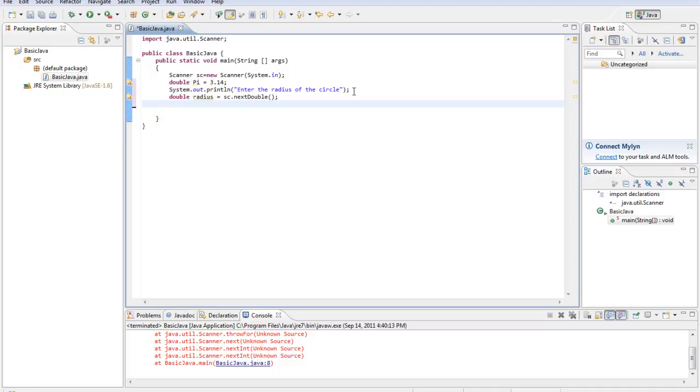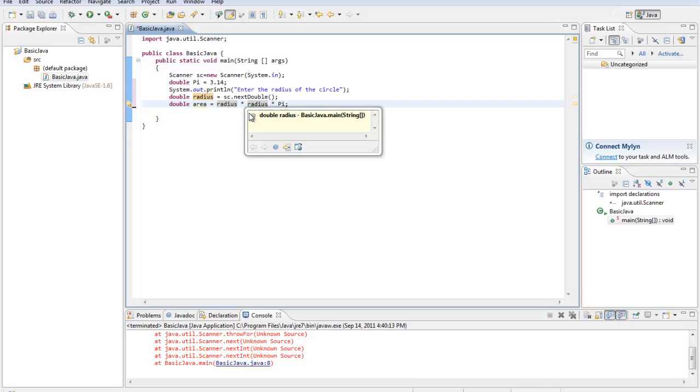Now what we're going to do is calculate the area of the circle. So we're going to create a new double area equals radius times pi times radius. Alright, so that's the equation for finding the area of a circle.